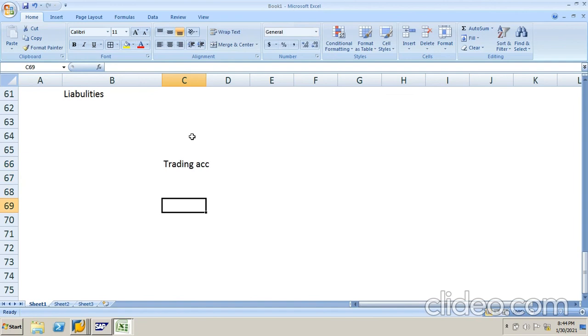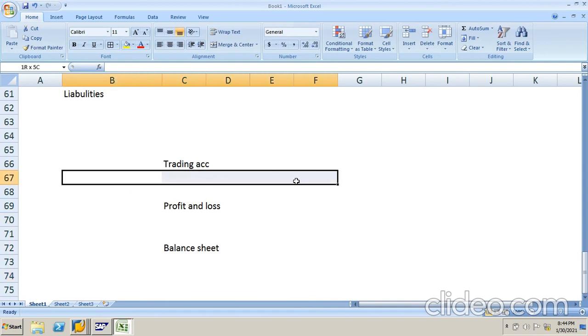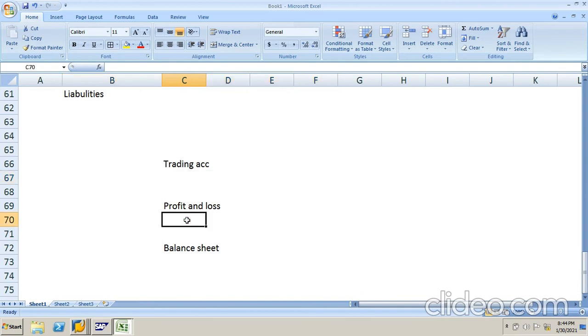Trading account, profit and loss, balance sheet. Suppose in trading account we will get either gross profit or gross loss. That gross profit or gross loss will move to the profit and loss account. From profit and loss account we can get net profit or net loss. So that amount will go automatically to the balance sheet, whether it is a net profit or net loss. This balance is called retained earnings, the leftover balance in profit and loss account.